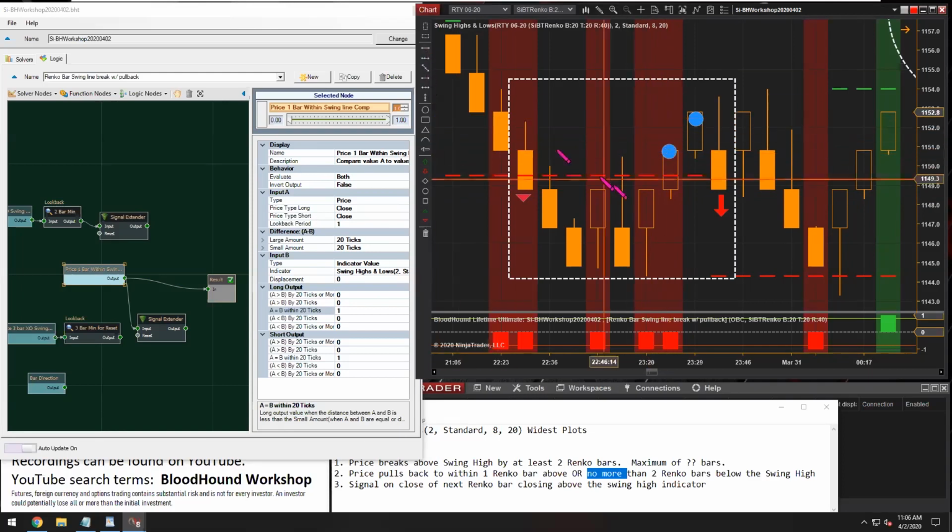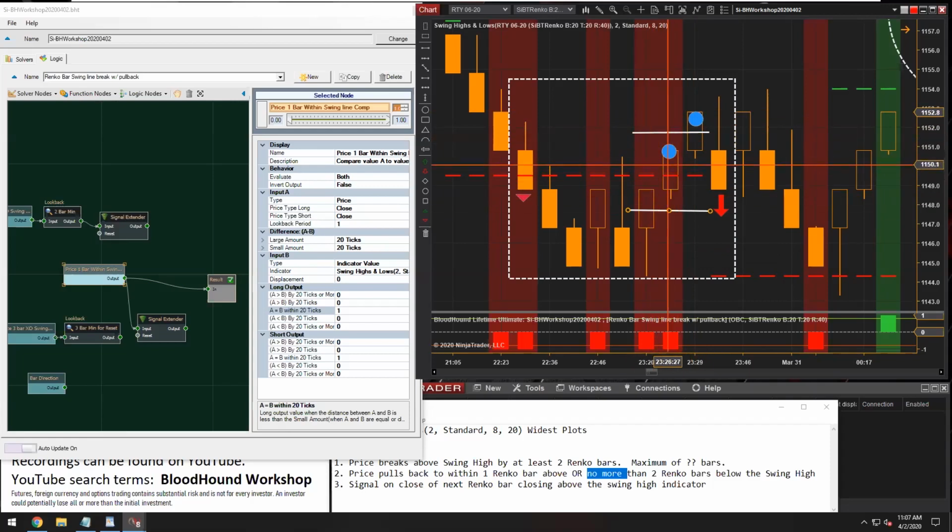And just to help visualize it, here's a visual reference: this is approximately 20 ticks offset from our swing line, the red line. If there is a 2-bar pullback, the second bar's close is always going to be outside this 20 tick pullback distance.